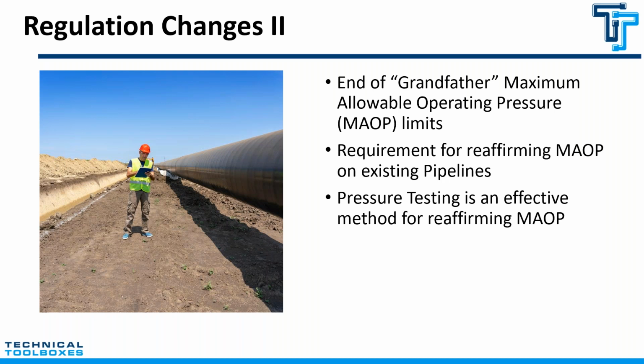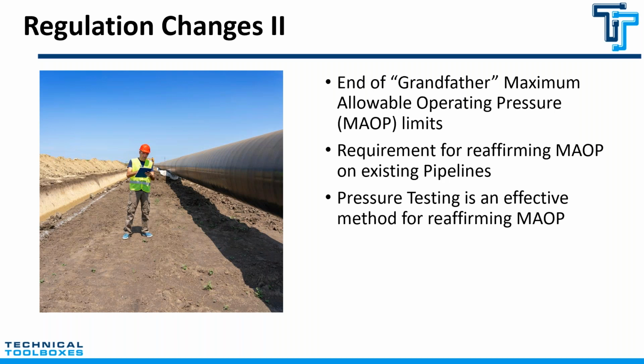One of the major call-outs in the Mega Rule change is the limitation tied to the grandfather clause. For anybody not familiar, that was a categorical clause tied to Part 192.619, called the grandfather clause for confirming the MAOP.